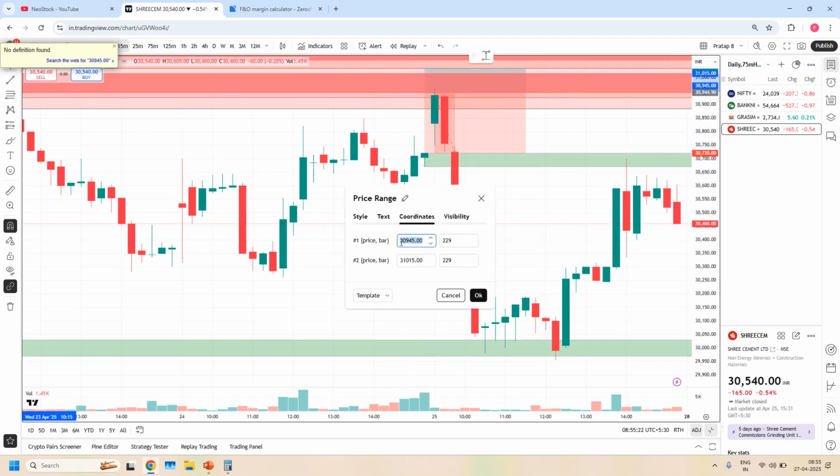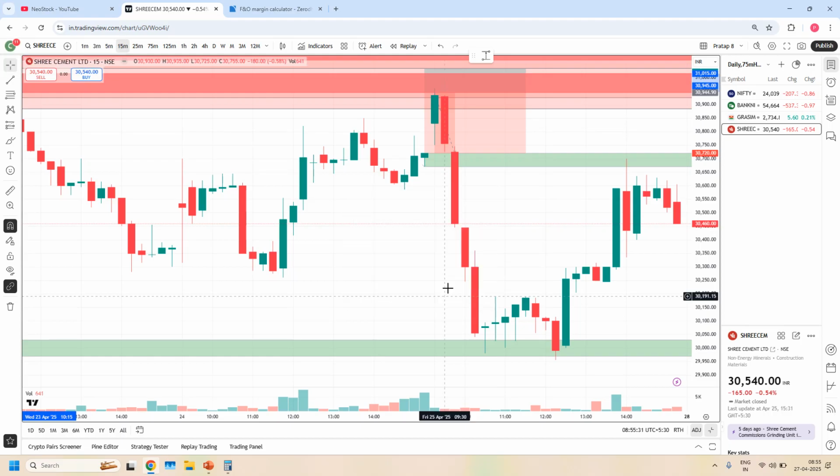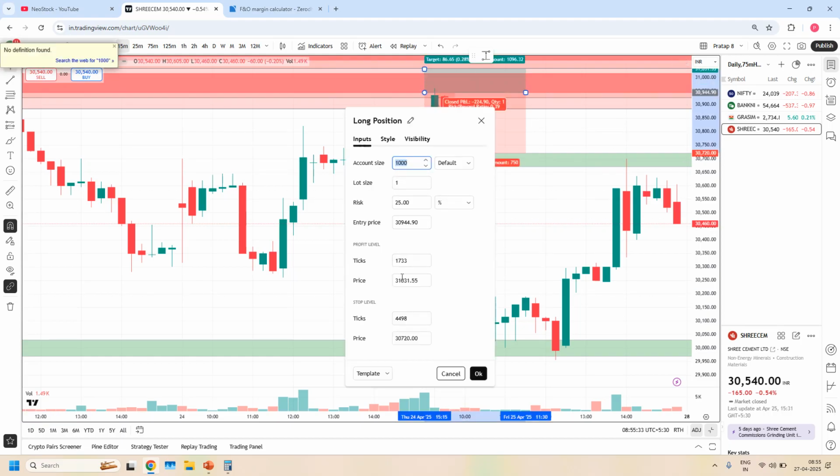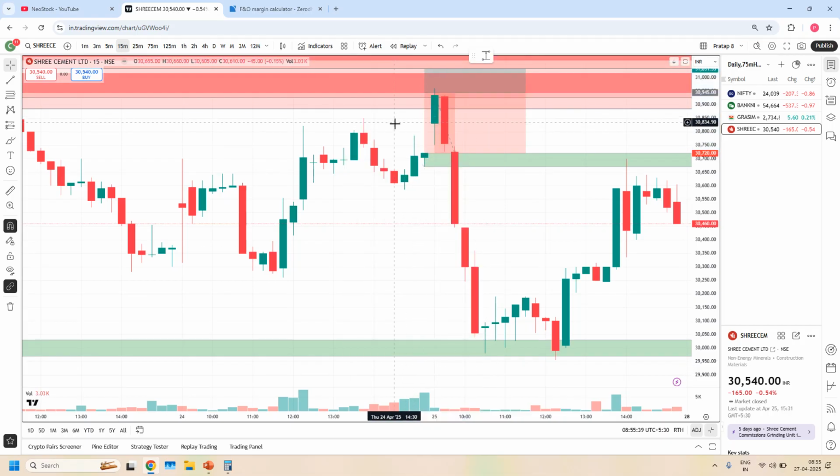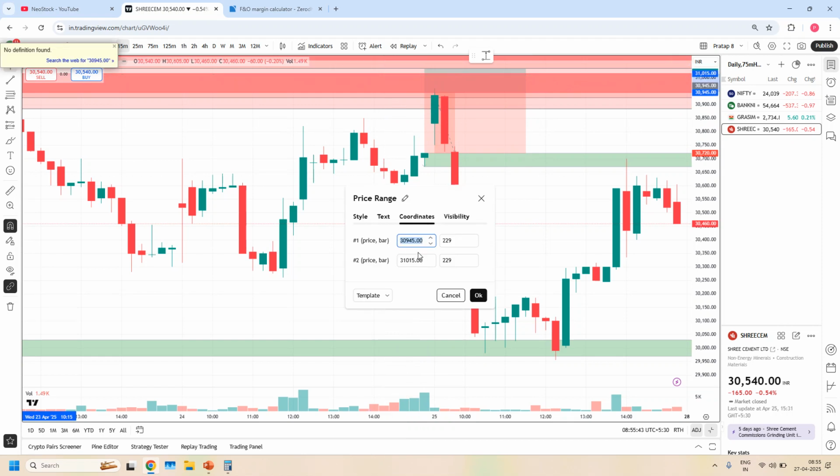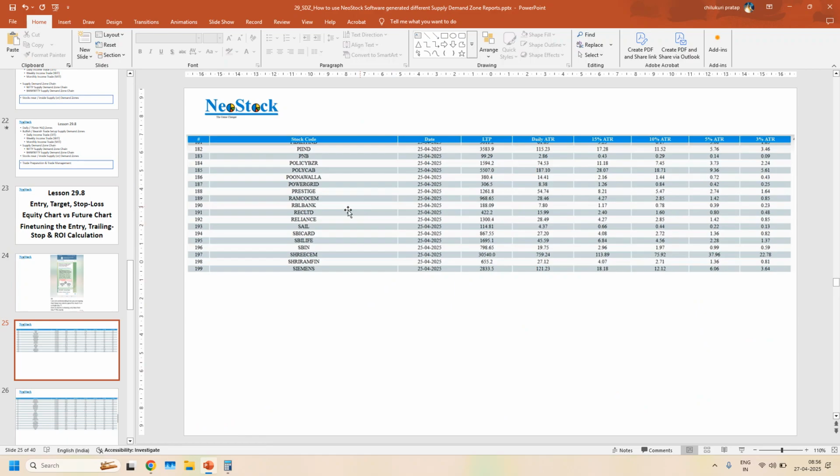What is the type 2 proximal entry? 30,945. Okay, this is your entry. But what is your stop loss? Generally the distal line is used as stop loss. This is the distal line value. But we are using stop buffers also. What is the stop buffer value it suggested?